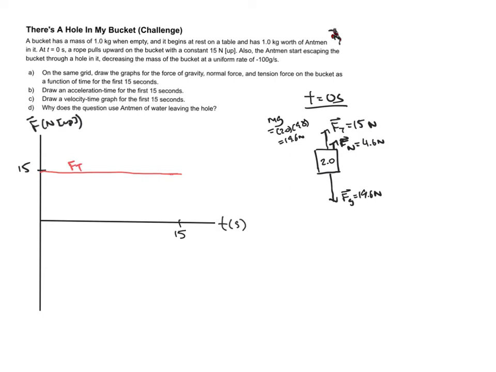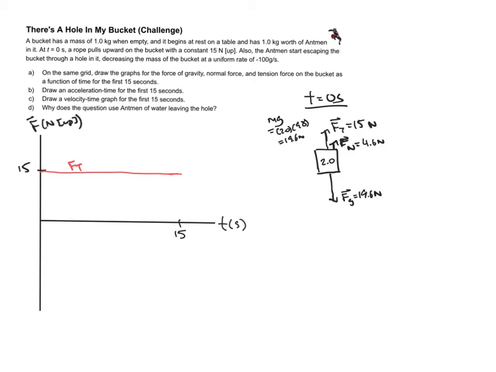All right. The other two are going to be more challenging, the gravity and the normal force. So the gravity is not going to be constant because the ant-men are going to be jumping out of it.